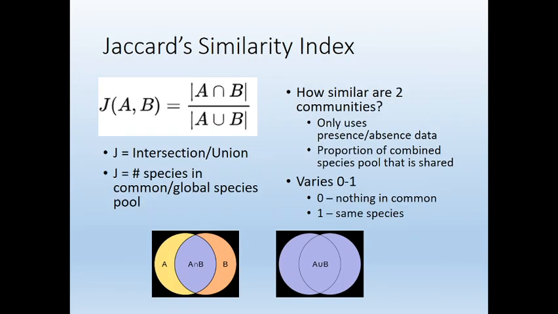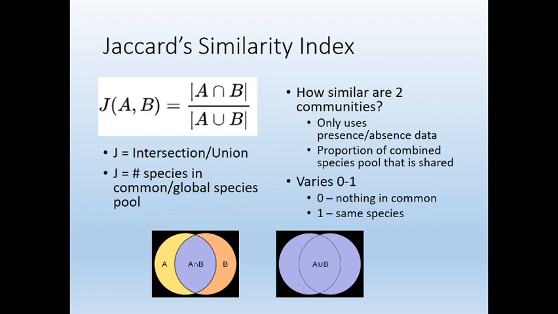Let's go into, if we want to compare two communities, how similar are two communities? The Jaccard Similarity Index looks at that, and it uses only presence and absence data. Take two communities and see what percentage of the combined species pool is shared. What do we mean by combined species pool?